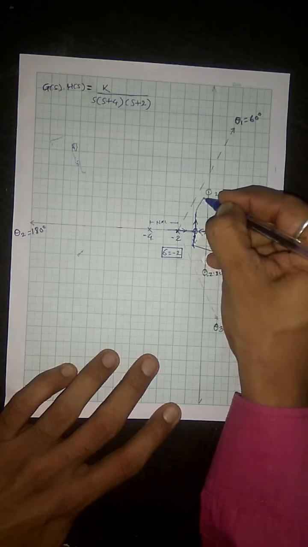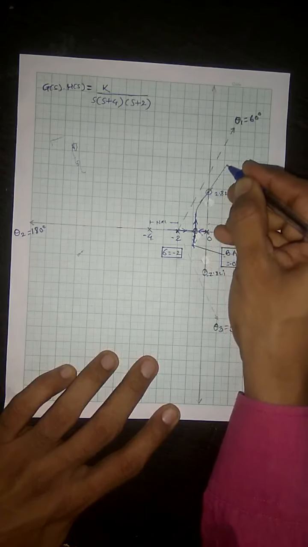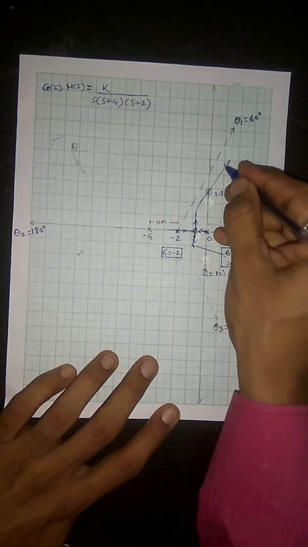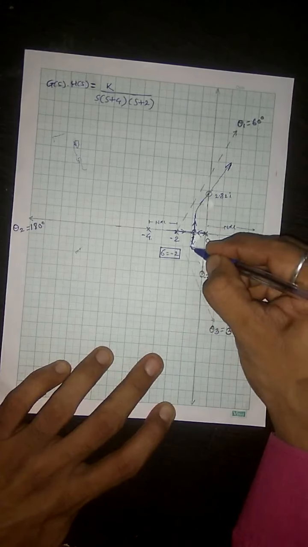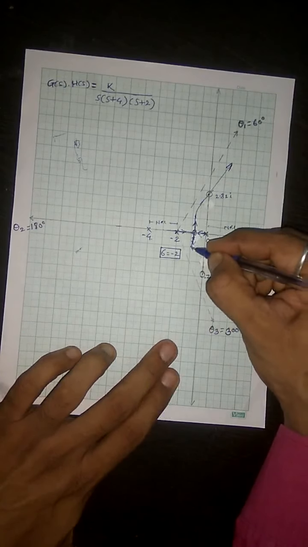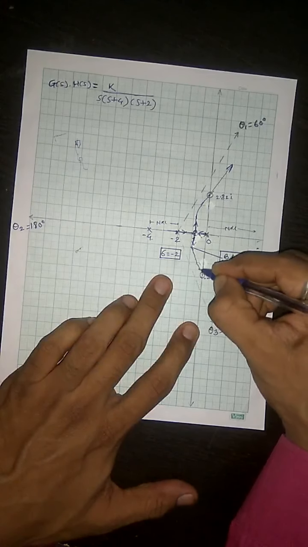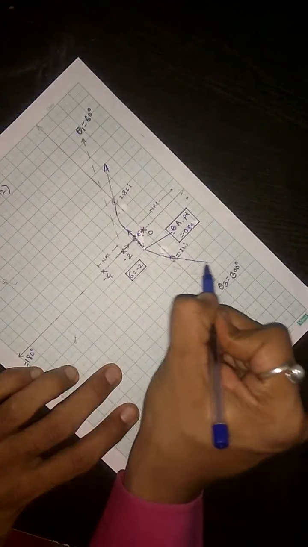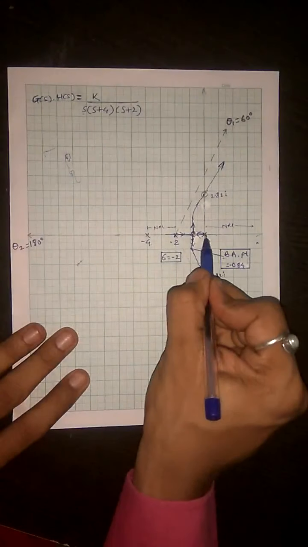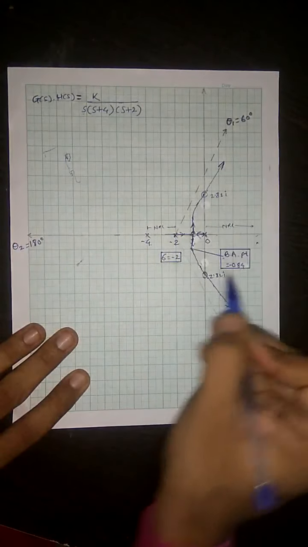So they should pass through breakaway point and will go to infinity parallel to your asymptote like this, and should pass through intersection point. Okay, your curve should be a smooth curve. Okay, so one pole, second pole, one root locus, second root locus, okay, and these are the intersection points.